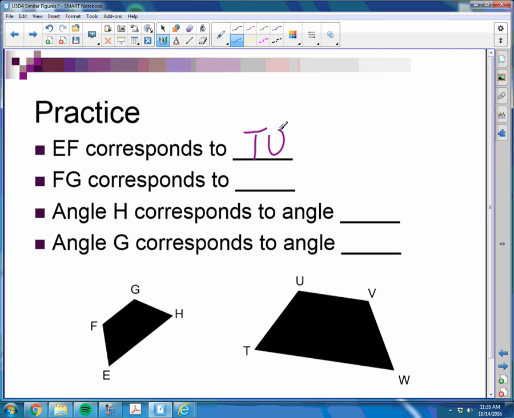Yes, thank you. FG corresponds to? Good. Angle H. What? Very good. Angle what? And angle G. Very good. Angle G. Okay.